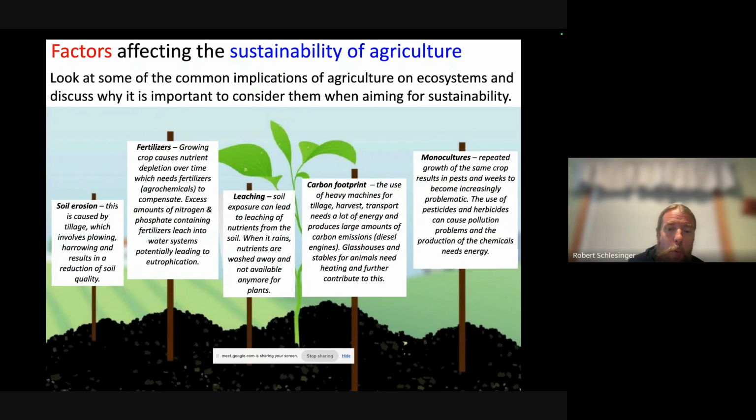There's a robot that was released that uses a laser to zap weeds instead of using chemical herbicides. There's genetically modified crops that are resistant to insects and different pests, so you don't have to use pesticides. So there's lots and lots of different ways that we can go about avoiding those things.